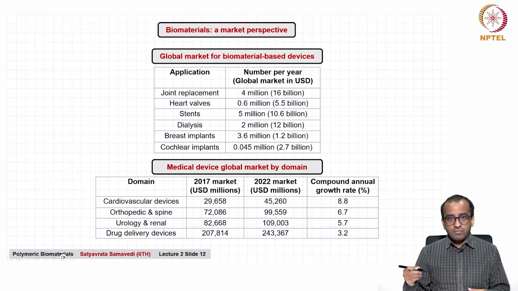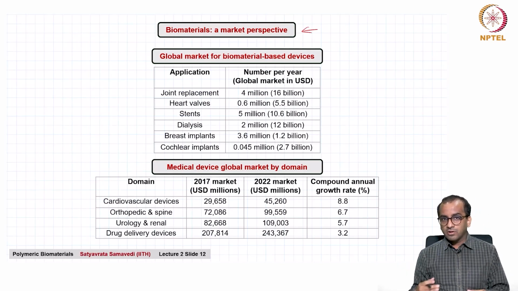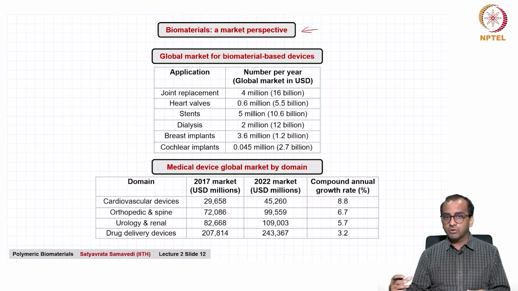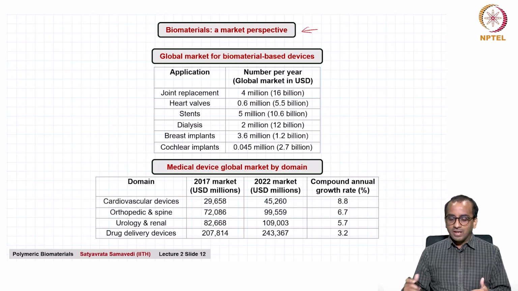And we will close this lecture by looking at a market perspective, because this biomaterials field is a thriving field with a lot of potential to grow in the coming years, largely because the need for them is simply going to keep increasing. And we look at them along two categories.